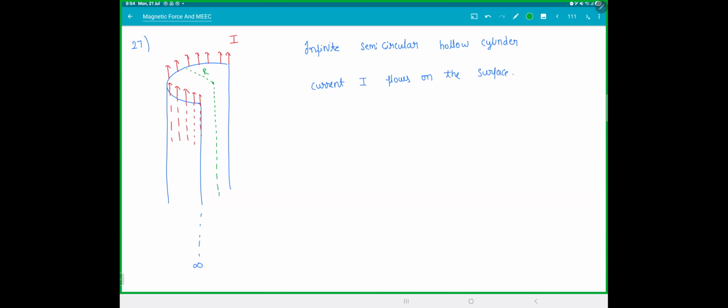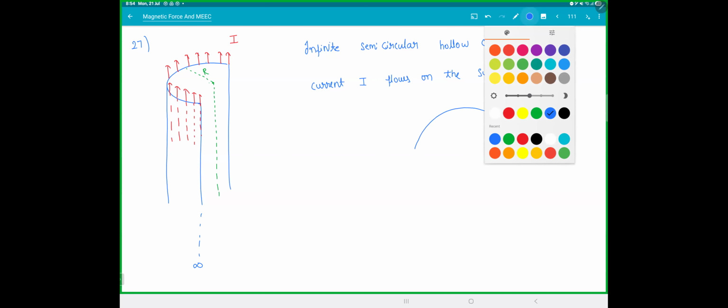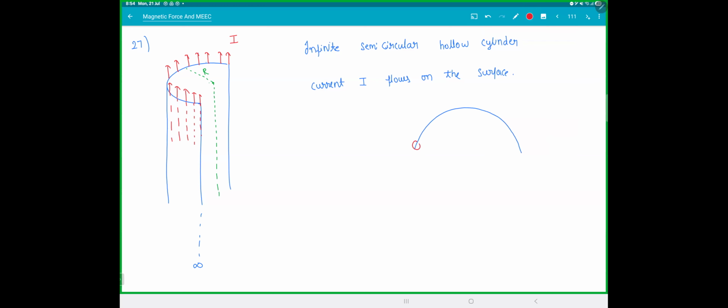This is your radius R. So if you actually see the top view, the current here is coming out of the plane. Let me draw it like this.